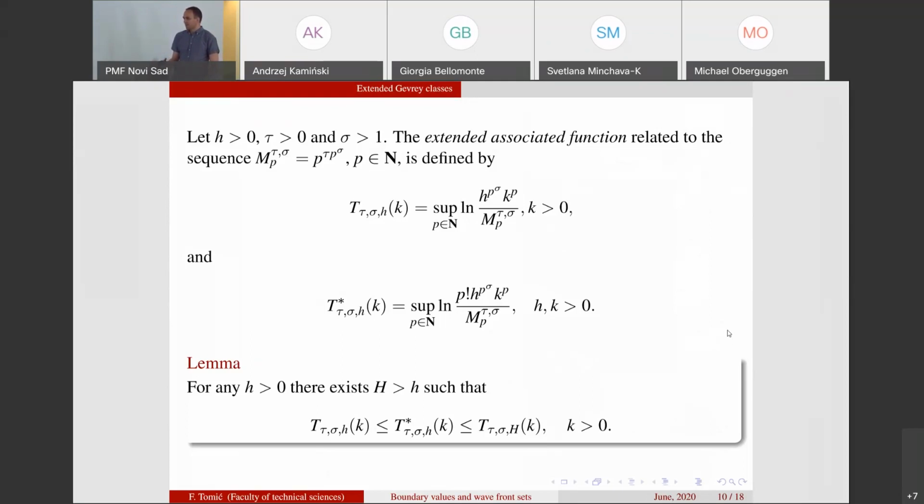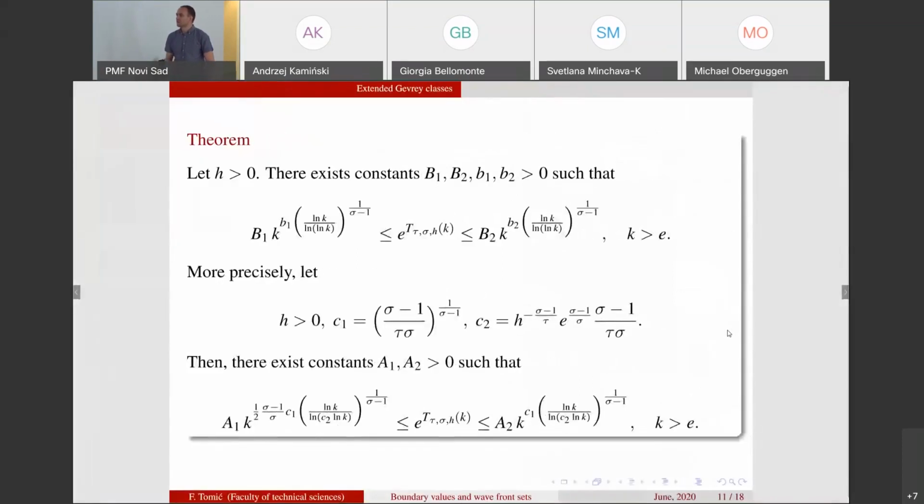So we can estimate this star between these two. If large H is strictly greater than small h, then we have this type of estimate. So actually, in our analysis, the use of T star is unnecessary. We can do it all with just this T here.